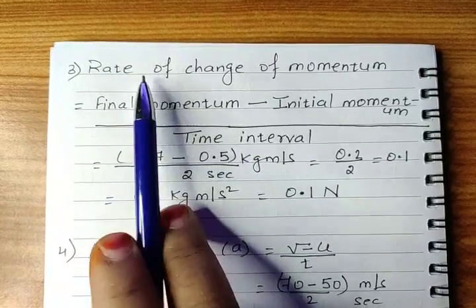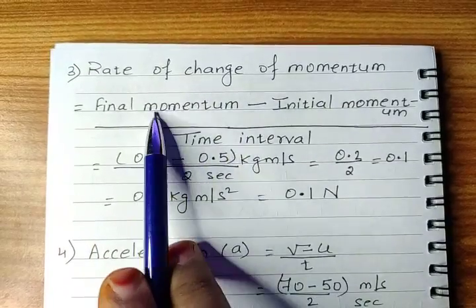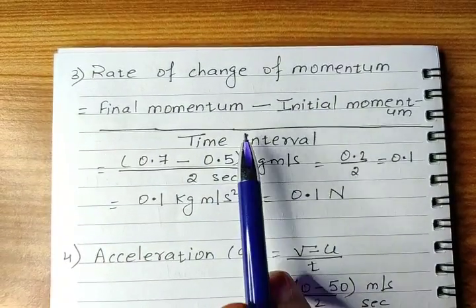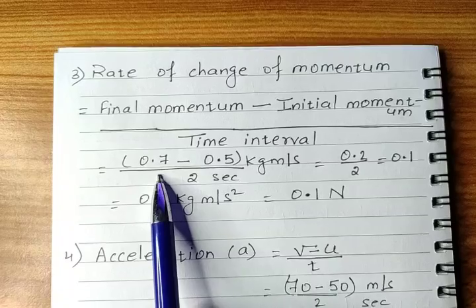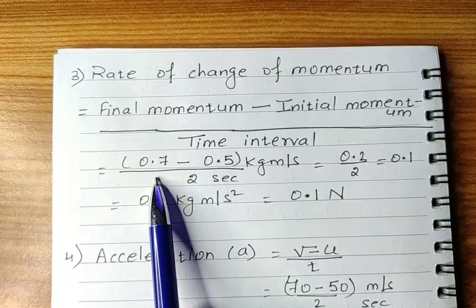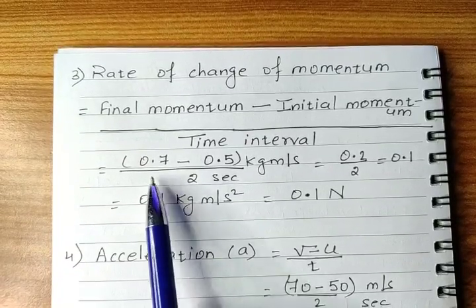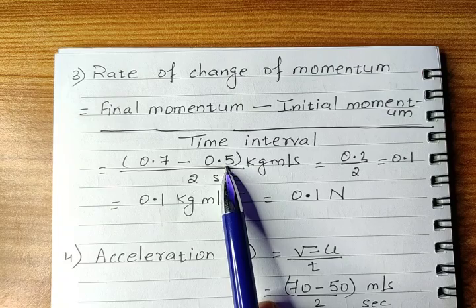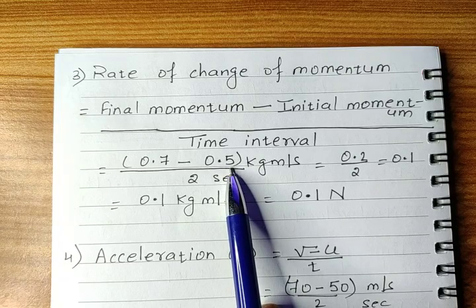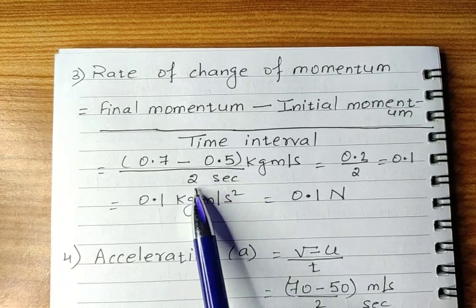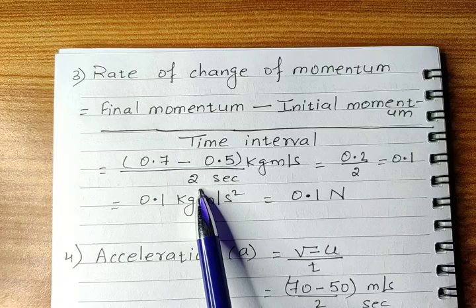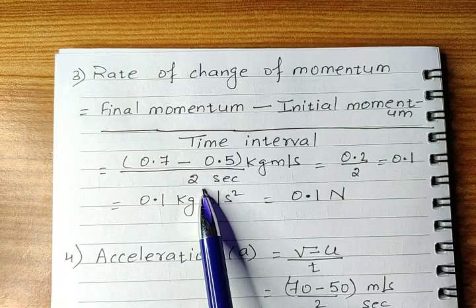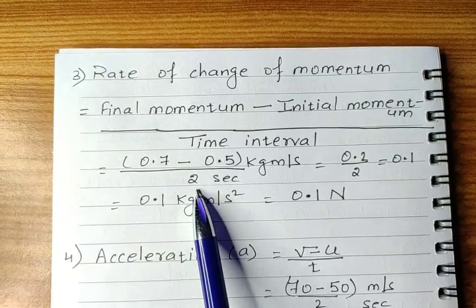Now we will see rate of change of momentum, that is final momentum minus initial momentum by time interval. Final momentum we got 0.7 kilogram meter per second and initial momentum is 0.5 kilogram meter per second, whole divided by time, which is 2 seconds. Force applied on the body for 2 seconds, so time is 2 seconds.